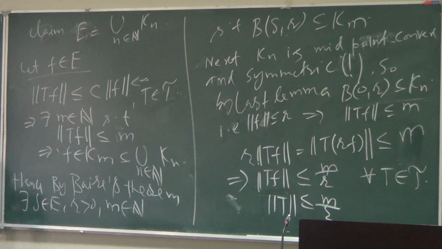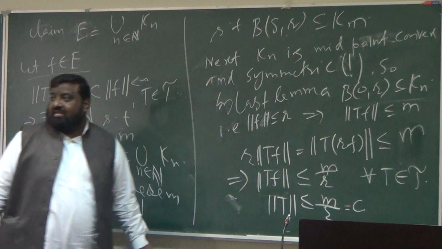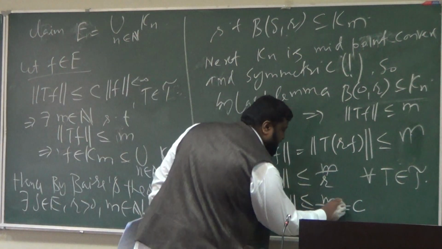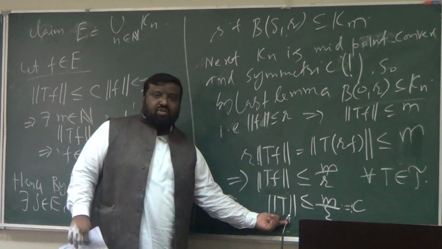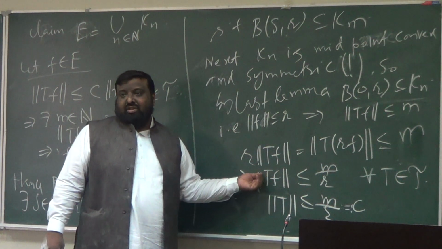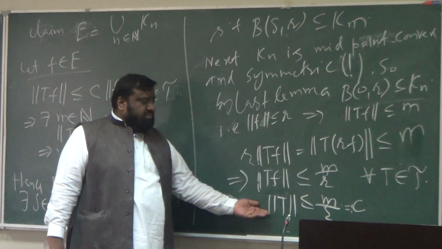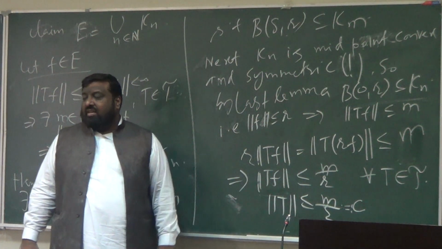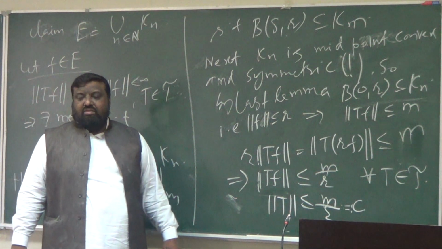Agree? I'm saying call this C. Give it a name, C. And the norm of T is a supremum. So if this is less than or equal to m over r for all Tf, it must be less than or equal to C. Are you getting the point? And what does this show?